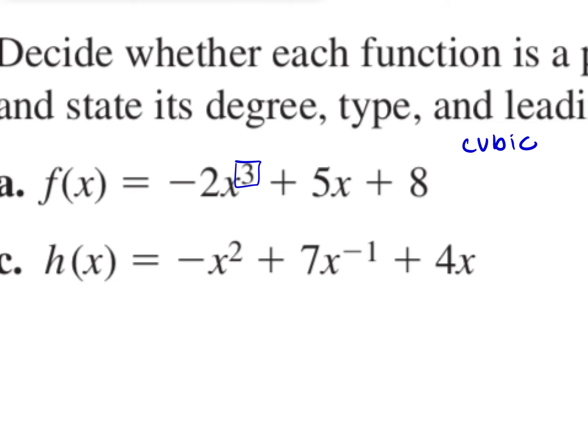Now, is this in standard form? Yeah. We start with the highest degree. Then we have our x and then constant. So yes, this is in standard form. And what's our leading coefficient here?